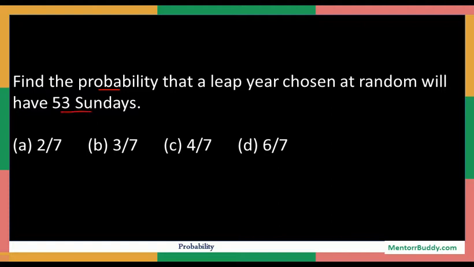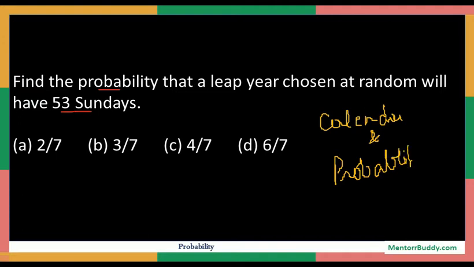As far as this question is concerned, it imbibes the logic of both calendar and probability. So in order to solve this question, we need to know the basic logic of both calendar and probability. So now let's get to the basic logic first.